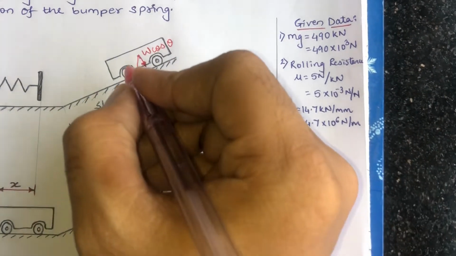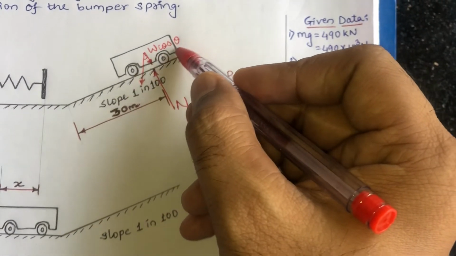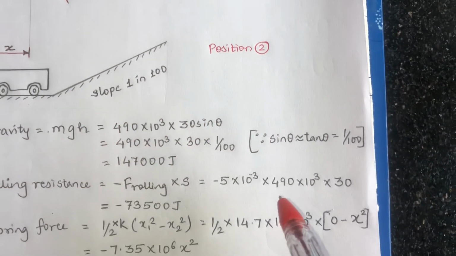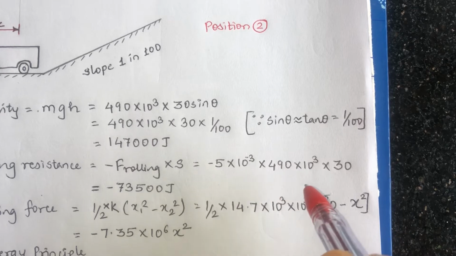But when you relate this, you'll be getting cos theta as 1, and that's why here it is mentioned only 490 into 10 to the power 3.